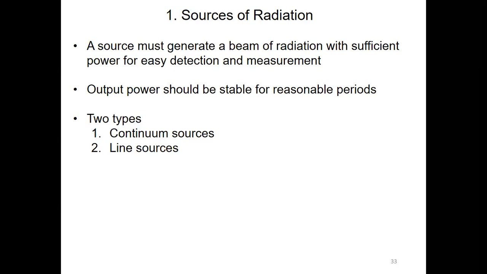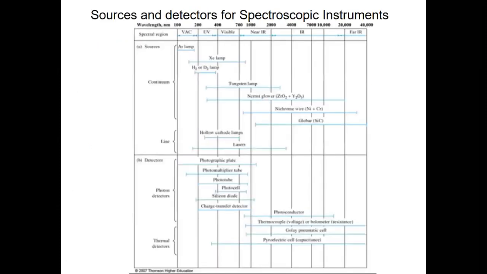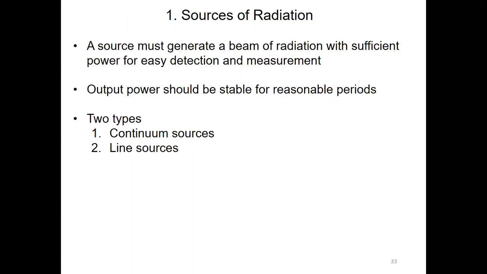And there are two types of sources, continuum and line source. Okay, so you remember I showed you that blackbody radiation thing. This type of radiation happens in the continuum source, and in the line source, only a single wavelength will be there.